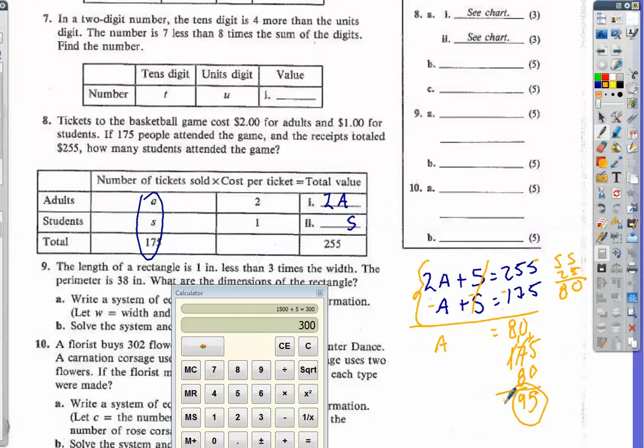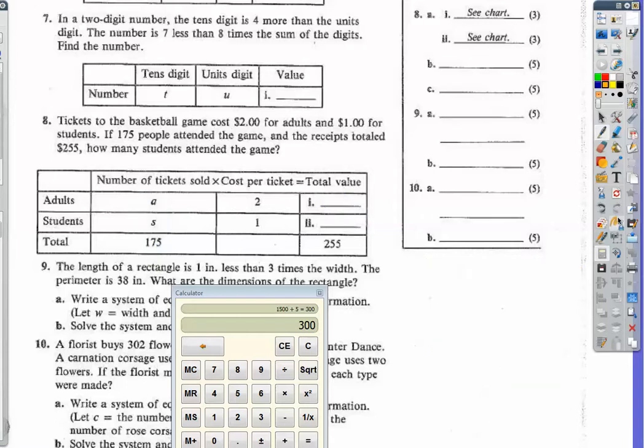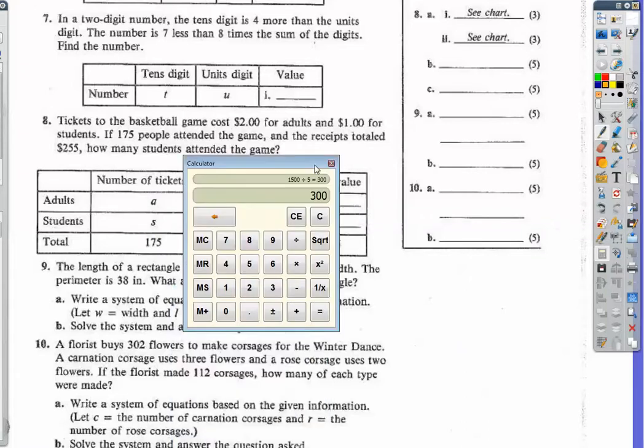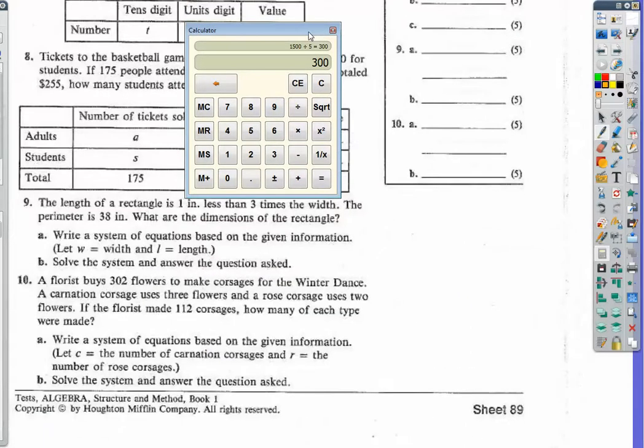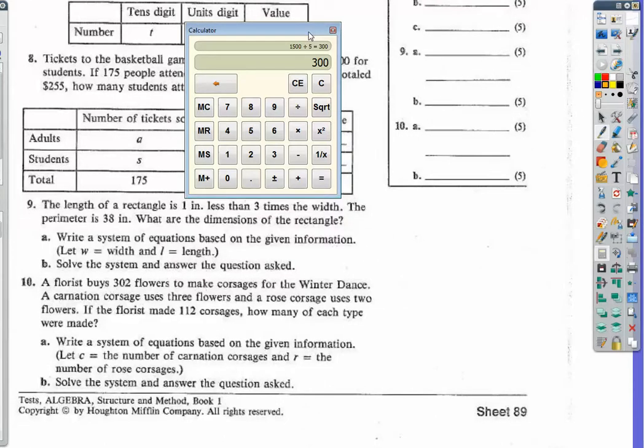All right, number 9. All right, the length of a rectangle, so I need a rectangle. I'll probably just go ahead and draw the rectangle. The length of the rectangle is 1 inch less than 3 times the width.